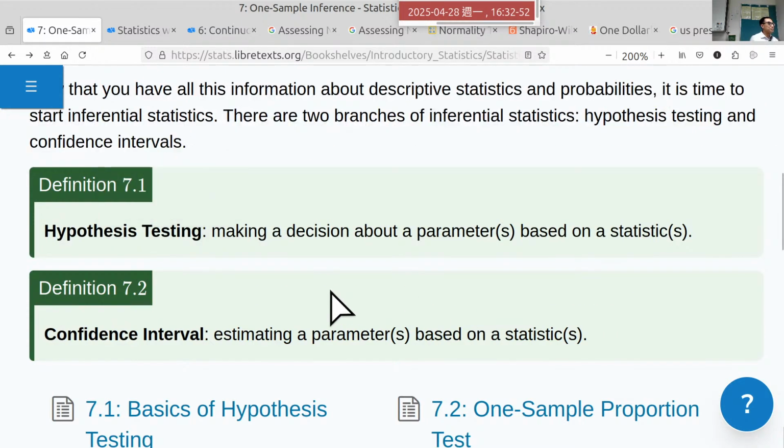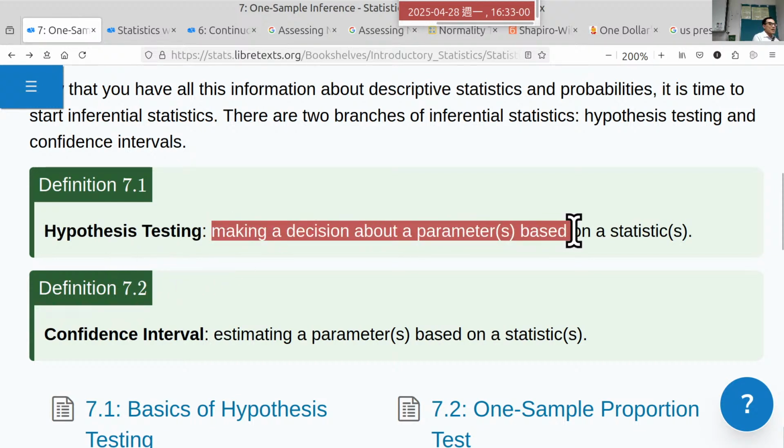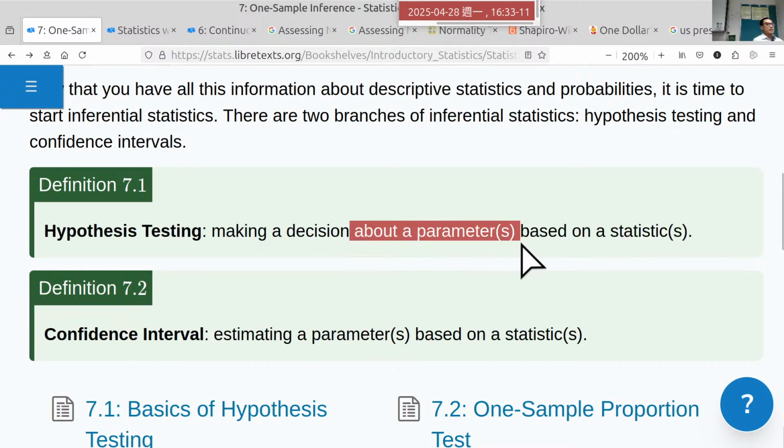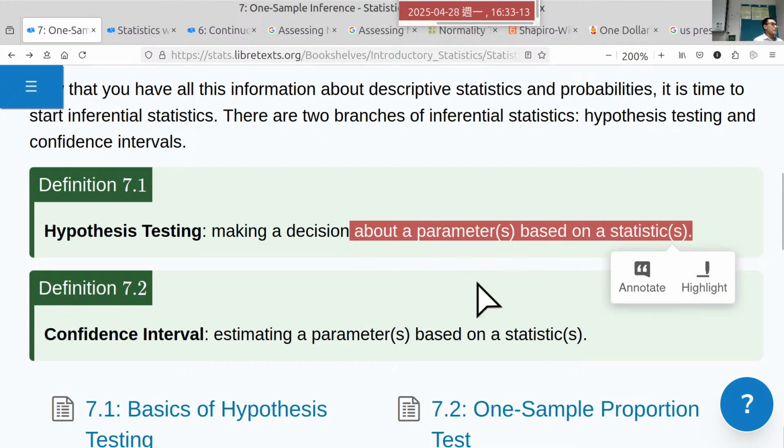The first one, definition 7.1, hypothesis test: make a decision about a parameter based on a statistic, or plural, statistics.